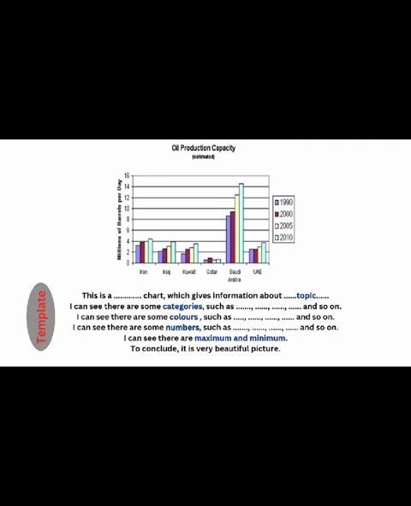I used the phrase "I can see there are some", and after that I was just changing the categories or colors or numbers, just changing these words. You can use the categories mentioned below, like Iran, Iraq in this picture.